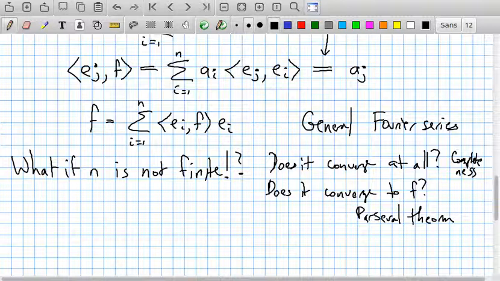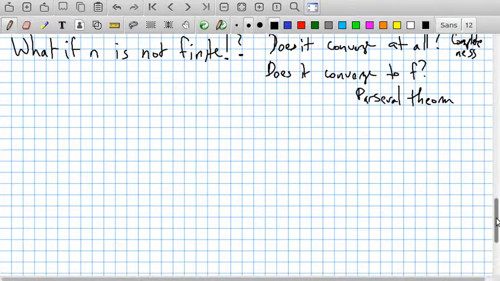But what does completeness have to say about the matter? Well, if we're in a complete space, then we're in good shape.